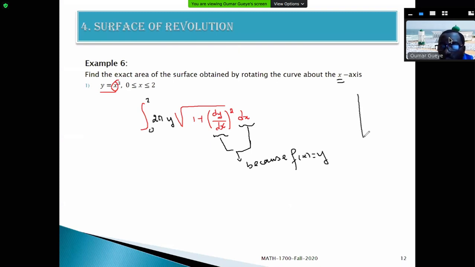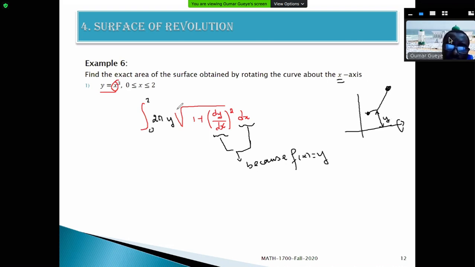Because as I told you, if this is your curve, and you rotate only the portion joining these 2 points, okay? If this is your axis of rotation, these are the values taken by the radius, and that is exactly equal to y.